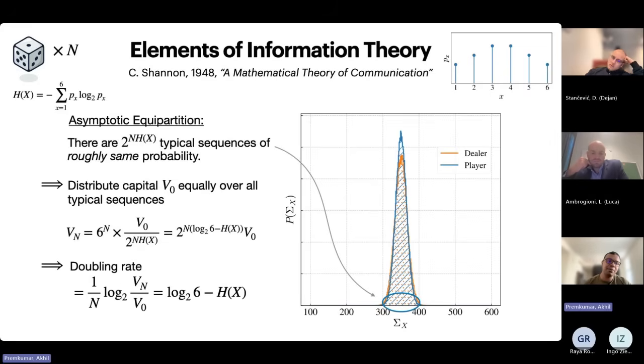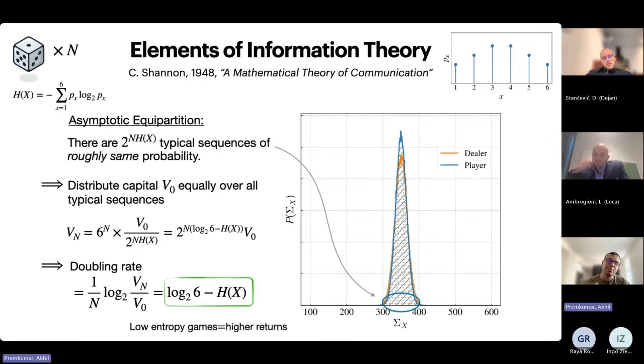But anyway, the point is that if you do this exercise, you find that your doubling rate, which is defined in this way and is basically a measure of your gains, is going to be log 6 minus H(X). The dealer assumed the distribution was uniform, which is where the log 6 comes from, and we actually knew the true distribution, which is why we have access to H(X).